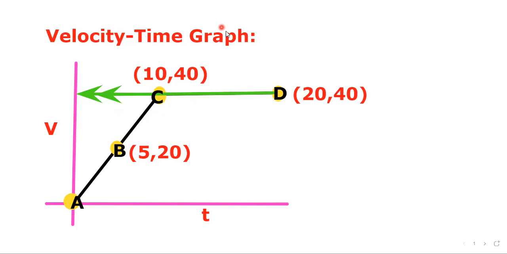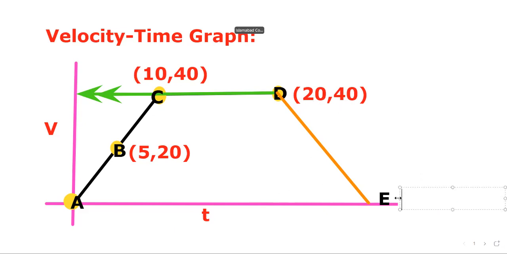Similarly, let me mark it. Suppose the graph is going like this. Suppose I'm gonna mark these points. This point is E. And for E, I can say time is approximately 30 seconds.